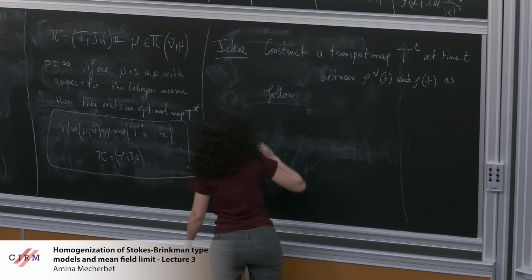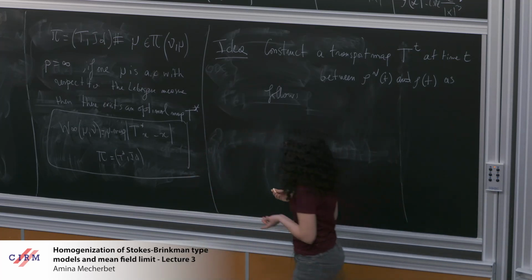So we will use that at time 0, we know that such a map exists.